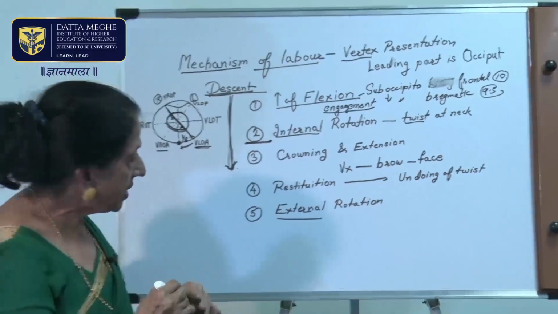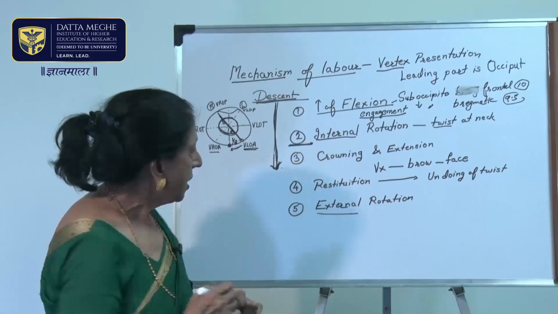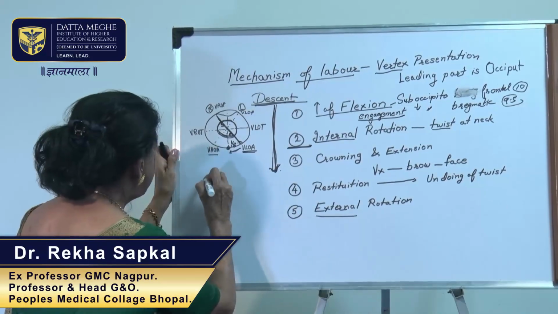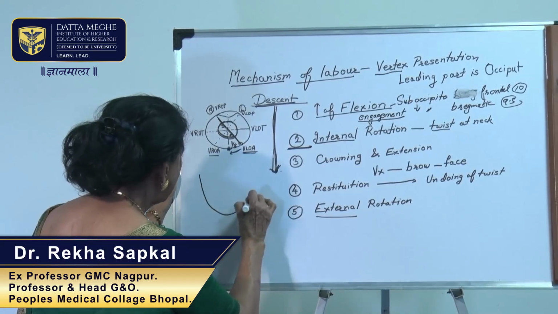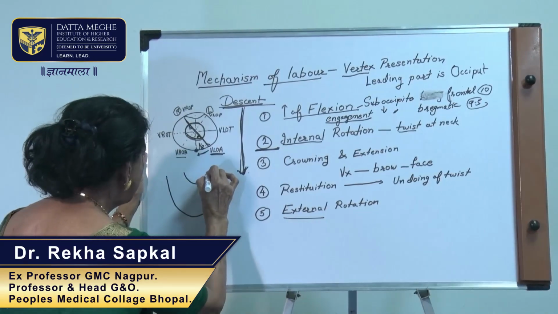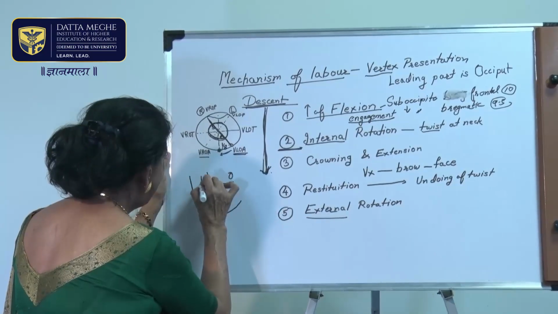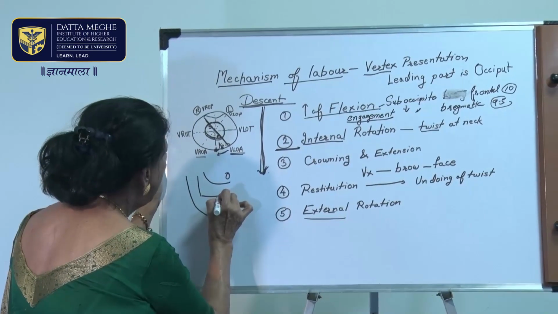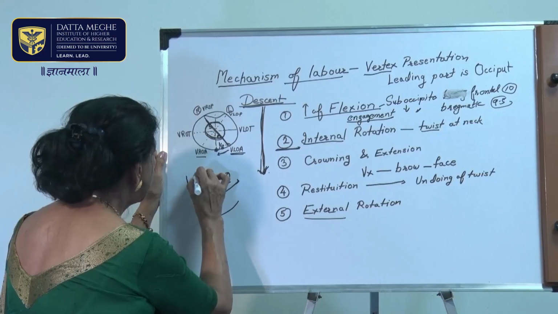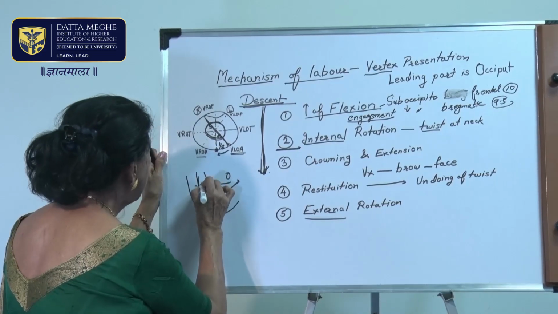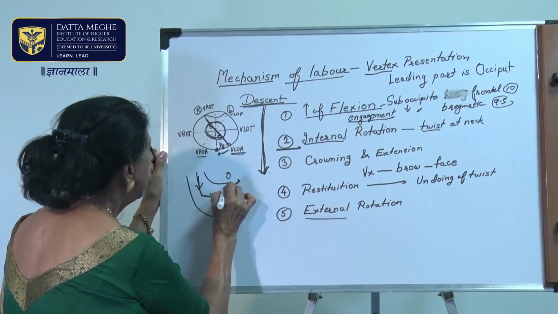Now, the descent is again occurring down, down. Here, the birth passage is like this. Here is the pubic symphysis. It is downward, horizontal and forward. So, it is J shaped. The birth passage is downward, horizontal and forward.